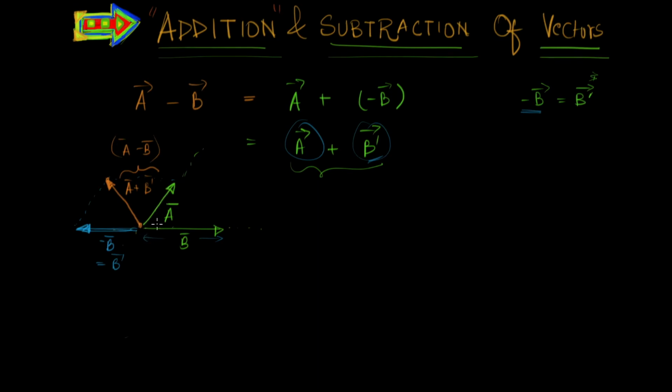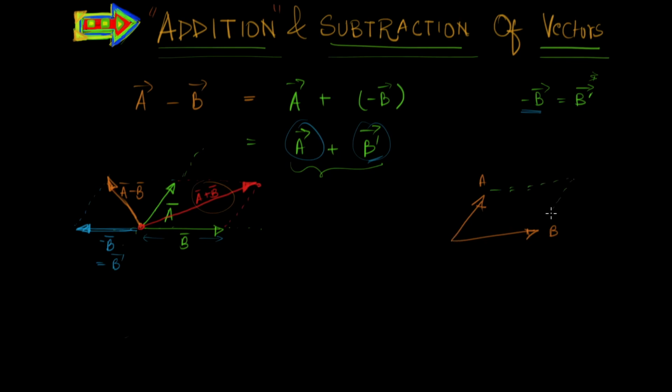If this is A and this is B, then we must complete the parallelogram in this direction now and join this point with this to get the resultant of A plus B. So to draw them in a bit more clear way, well, this vector here is A minus B, and this vector here is A plus B. So if you have two vectors, A and B, I'm going to draw them now in this manner, A and B, then A plus B is given by the diagonal of the forward parallelogram, like so.